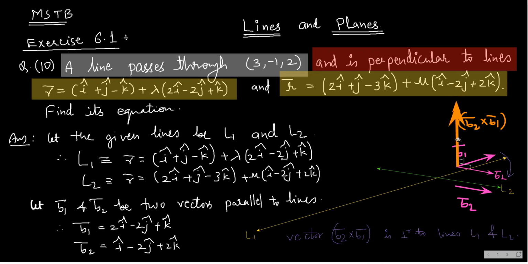So in short, what we got? We got a vector which is parallel to the required line.